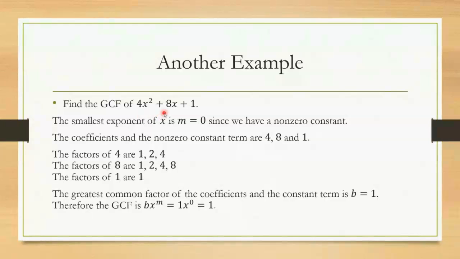Here, the coefficients of 4 are 4, 8, and we have a constant term of 1. But again, the only factor of 1 is 1 itself. So the only common factor is 1. It follows then that the greatest common factor, b, is 1, and m, we said, had to be 0. So we get 1.